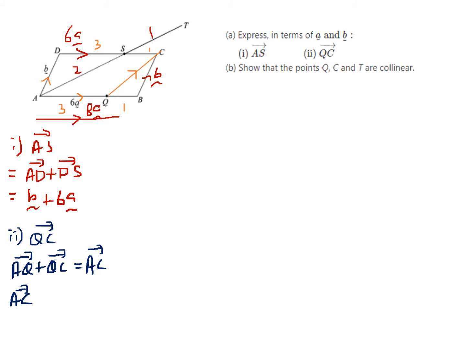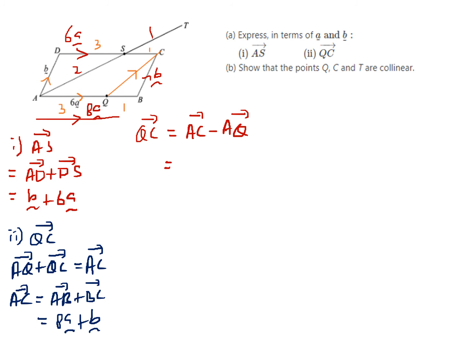Vector AC is the addition of vector AB and vector BC, which is 8 vector A plus vector B. Thus, vector QC is equal to vector AC minus vector AQ, which is 8 vector A plus B minus 6 vector A. At last, we get vector QC equal to 2 vector A plus B.